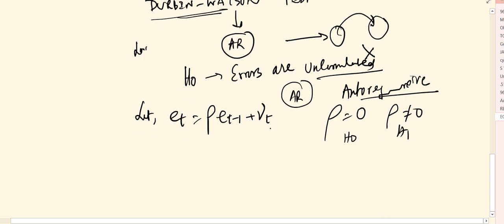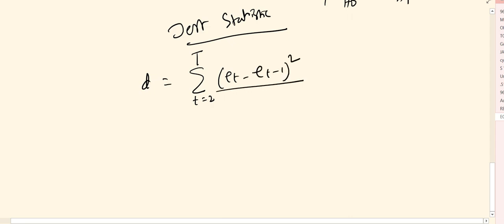The test statistic is D equal to the summation from T equal to 2 to capital T of (ET minus ET minus 1) square, divided by the summation from T equal to 1 to capital T of ET square.